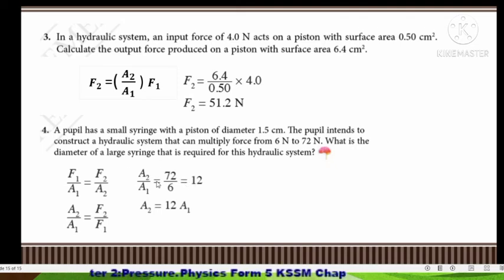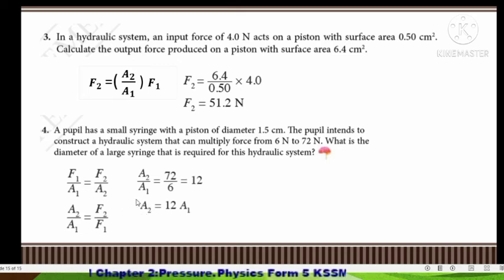The multiplying factor is 12. So we can relate A2 to A1: A2 equals 12A1. The question here needs you to find the diameter. Okay, so here is the area.